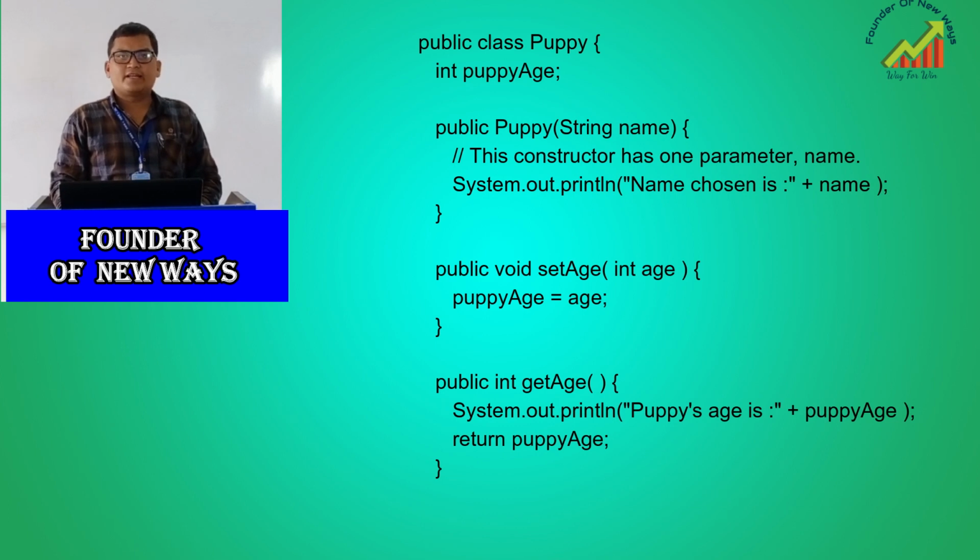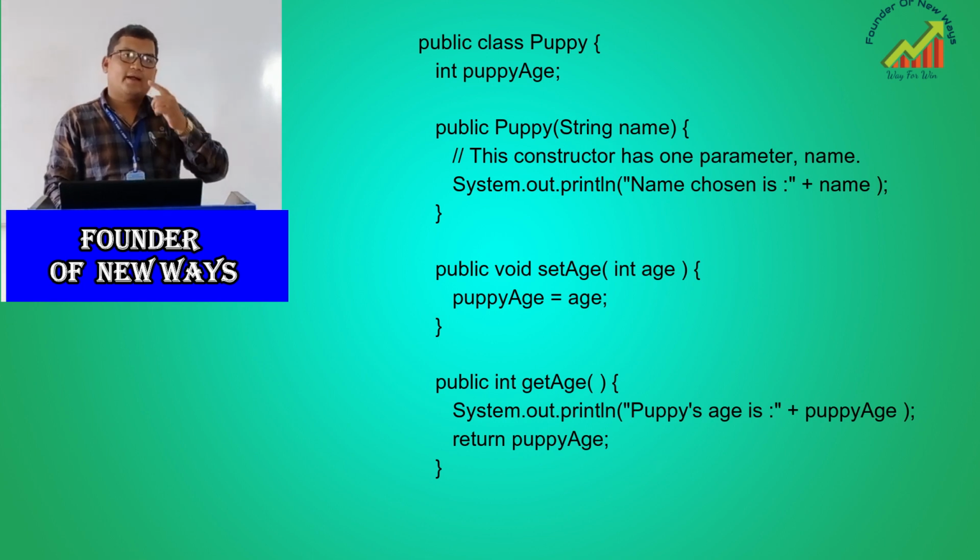This example explains how to access instance variables and methods in Java. You can see here in the example there is a class Puppy and a variable puppyAge. Next line is a constructor.